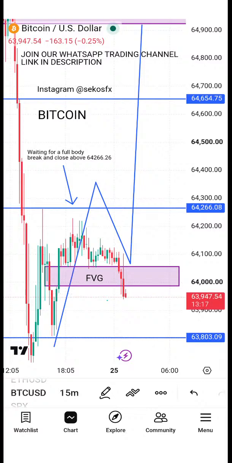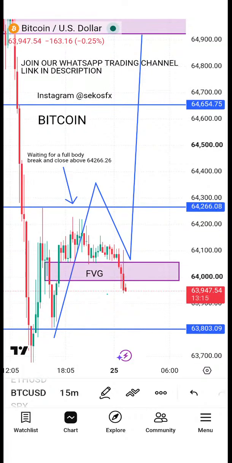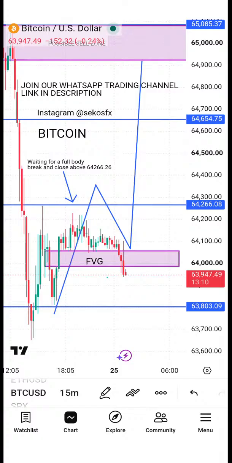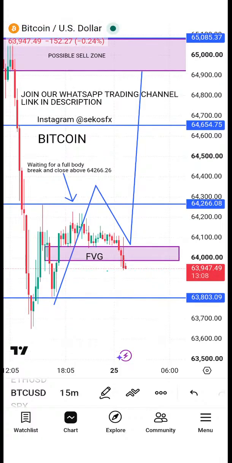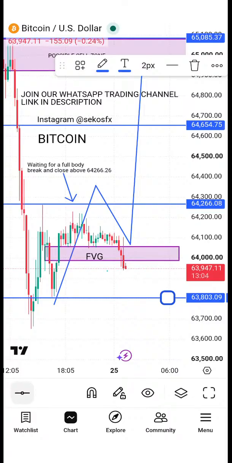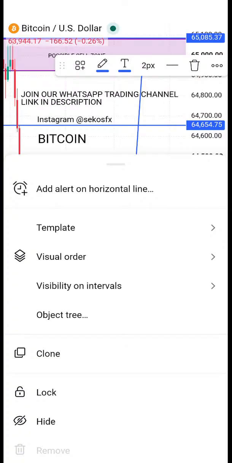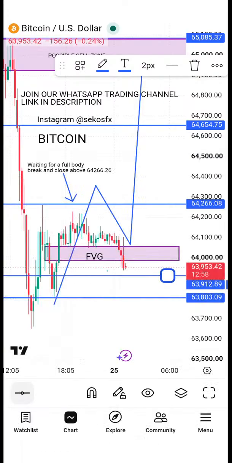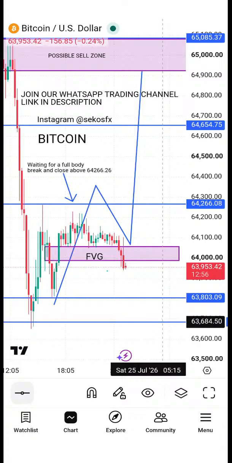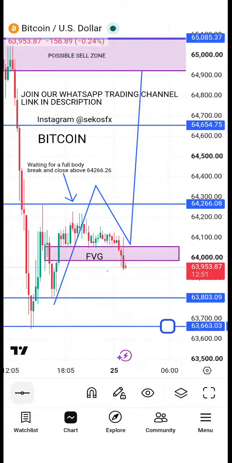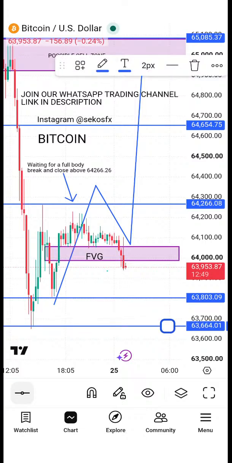If you are going to take a sell here, it will be a very short-term sell. You target this area or this one, not this one.